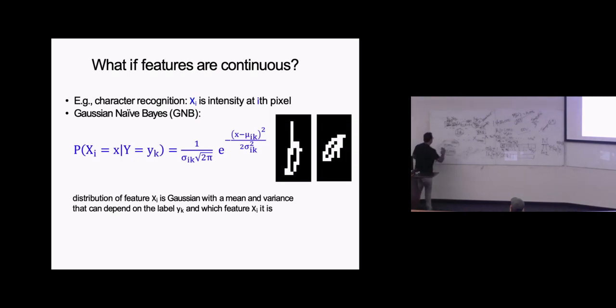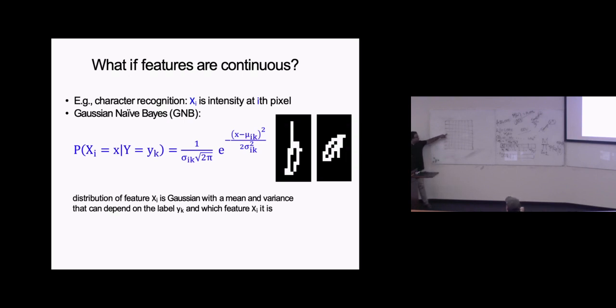And the pixel values, let's say this is my 8 by 8 matrix. 1, 2, 3, 4, 5, 6, 7, 8. 1, 2, 3, 4, 5, 6, 7, 8.